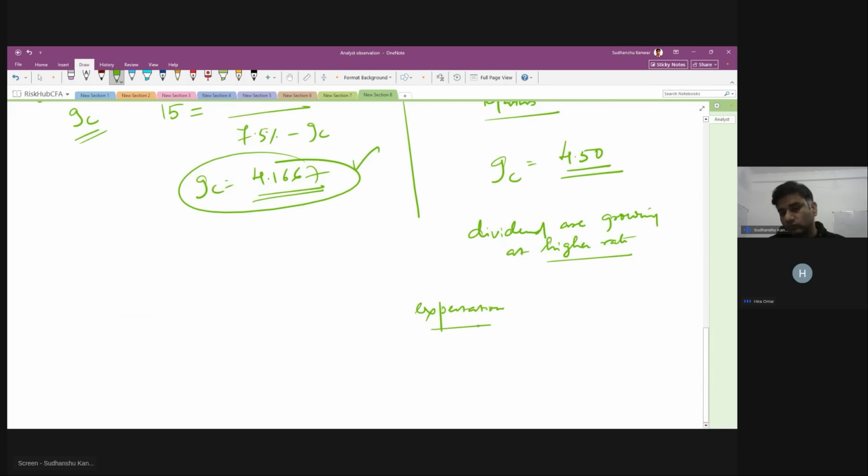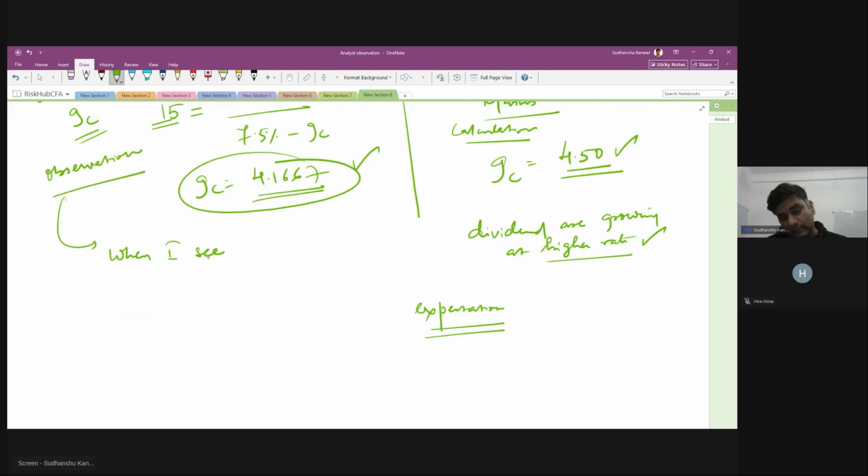If somebody tells you the dividends are growing at a higher rate, your observation says this much, your calculation says this much, so you obviously believe the calculation.